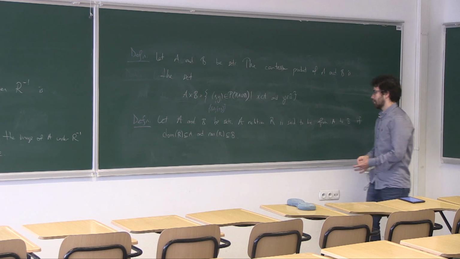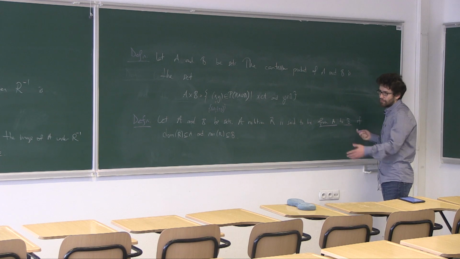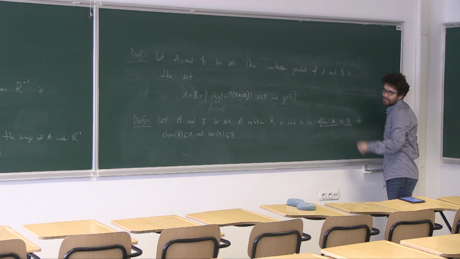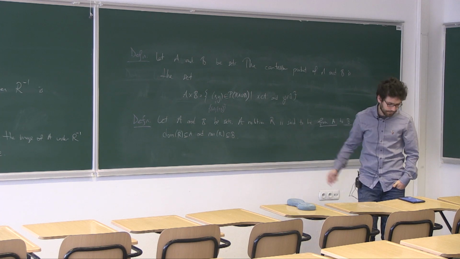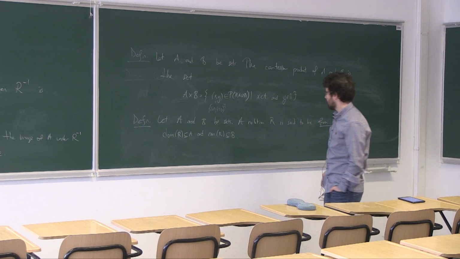So a relation from some set to some other set is a relation where the domain is a subset of the first set and the range is a subset of the second set. Okay?